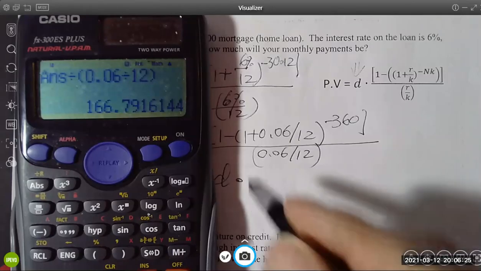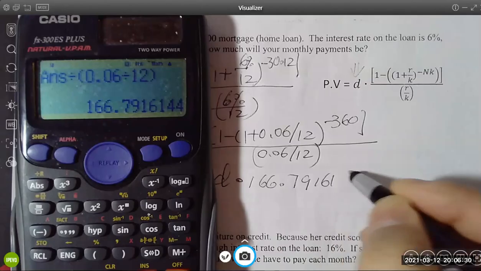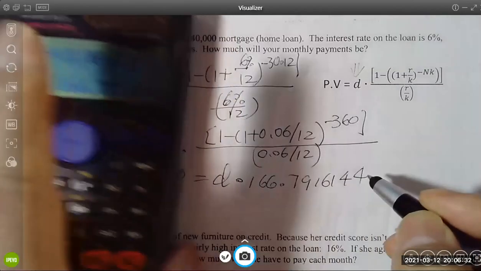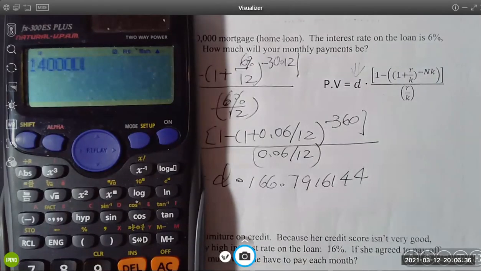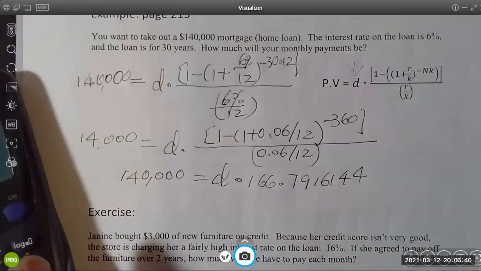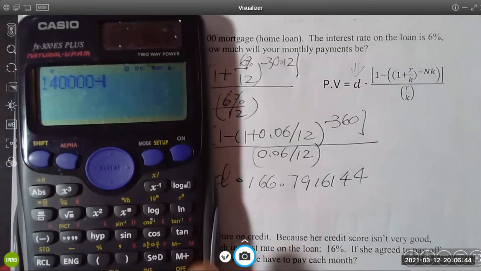So we get this number, 166.79161144. Everybody can do simple division, right? We're going to use 140K divided by this number.